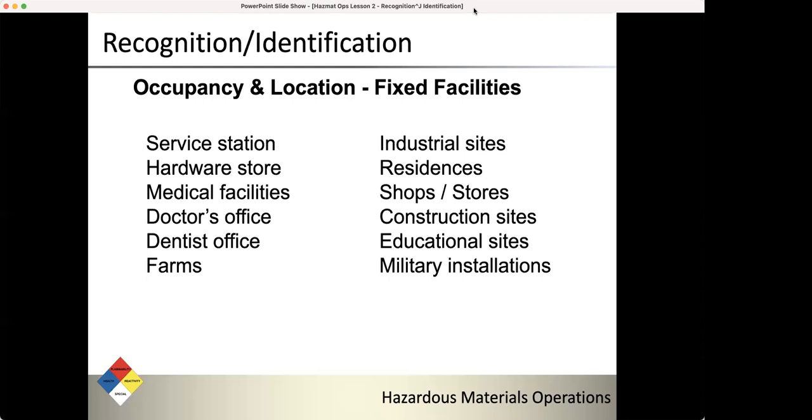For example, I responded to the SIUE New Science building a couple of years ago for a student who had a period of unconsciousness. Okay, no big deal, happens every once in a while. We pull up and SIU PD tells us there's a second student with the exact same complaint.